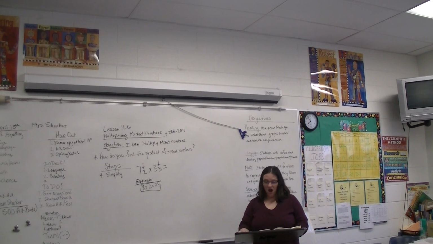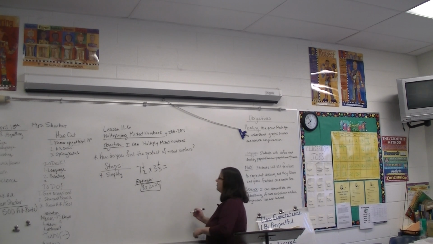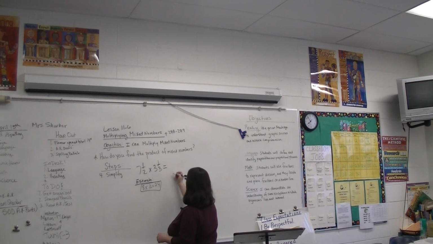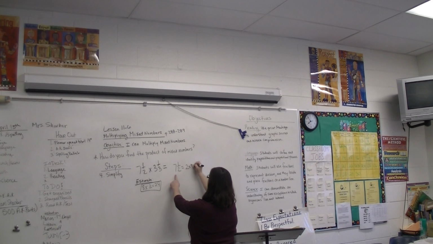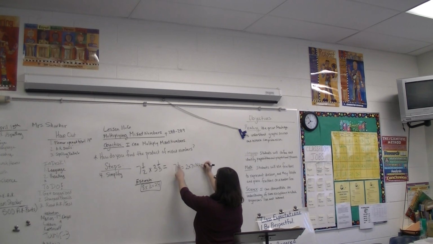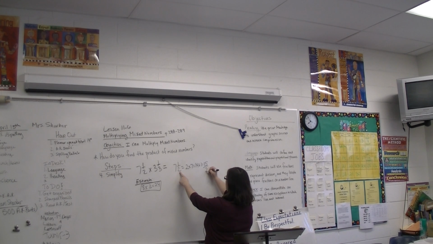Okay, now our next step is to change the mixed numbers into improper fractions. So we have 7½. Again, I'm going to rewrite this so you can see to understand this part again. We need to do 2 times 7, which is 14, plus 1, which is 15, and put it back over 2.